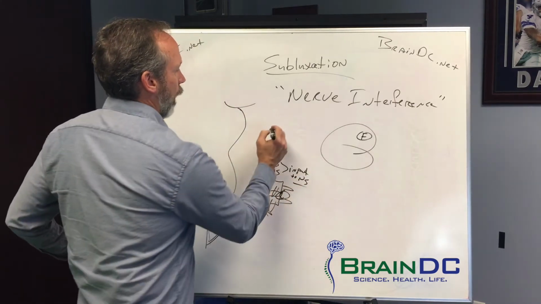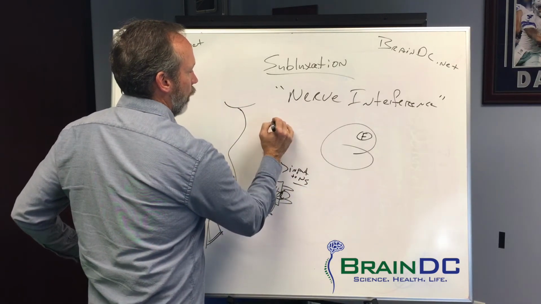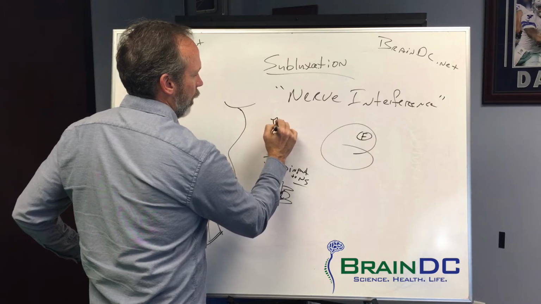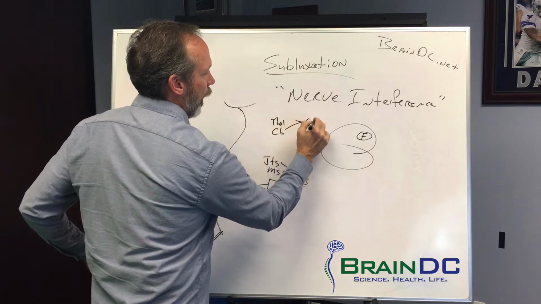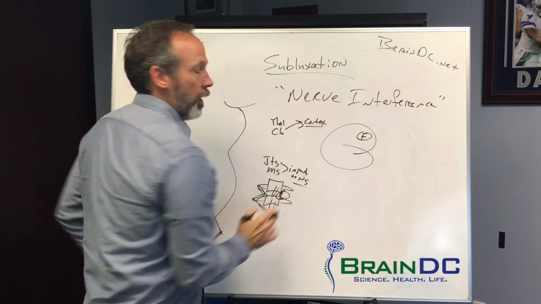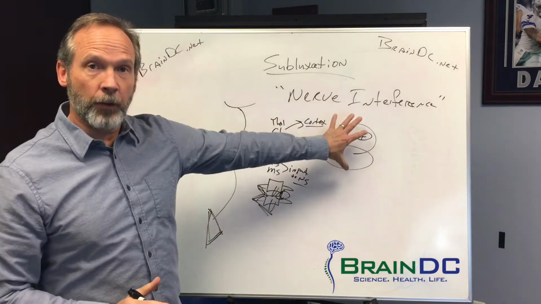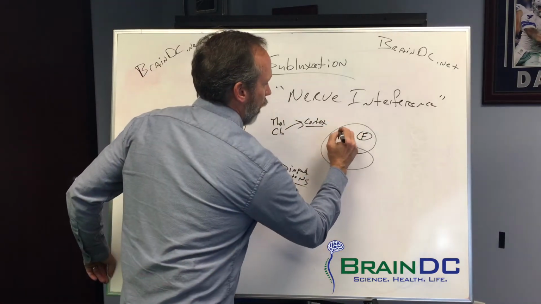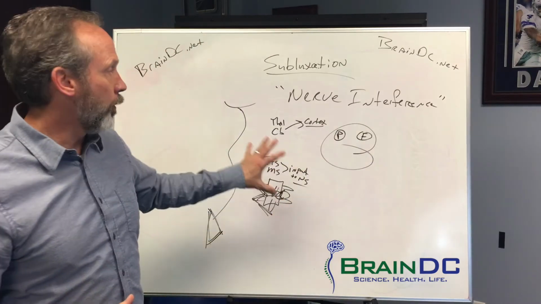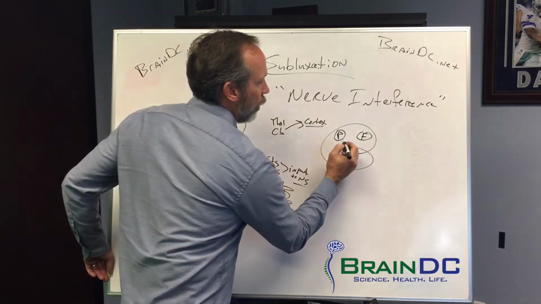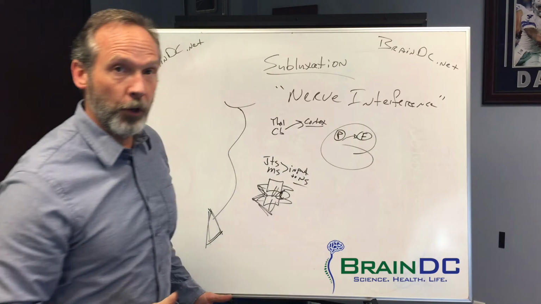Now this input is primarily through the cerebellum and also through your thalamus on the way to your cortex. And in this discussion, your cortex represents this area right here. Now we do have what's known as the parietal lobe, which also receives this information, and then the parietal lobe is responsible for driving the frontal lobe.